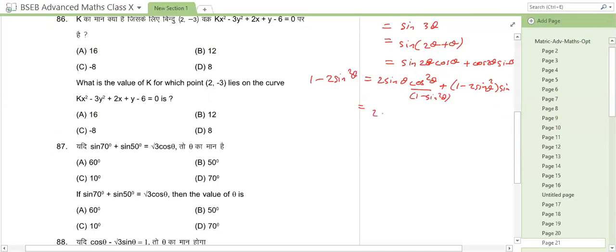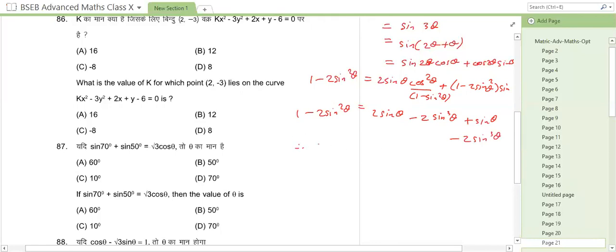So 2 sine theta minus 2 sine cubed theta plus sine theta minus 2 sine cubed theta.